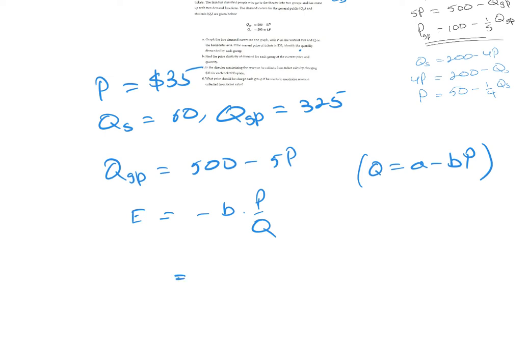You can find elasticity of demand is minus 5, and our price is 35, and our quantity is 325. So once we solve this, we get that the elasticity of demand for our general public is minus 0.54. So the demand for general public is highly inelastic. Now let's see what this is for students.